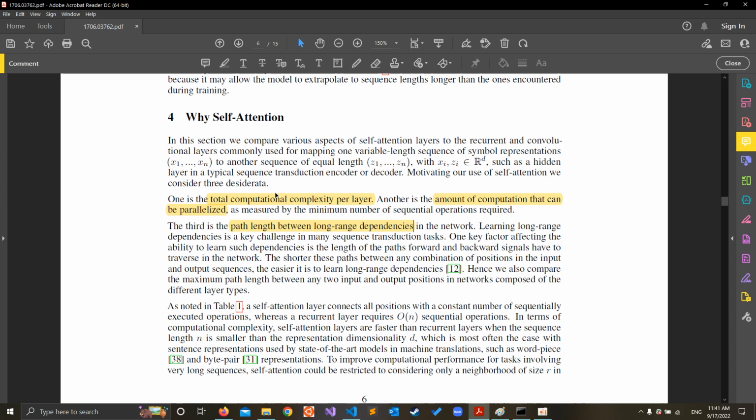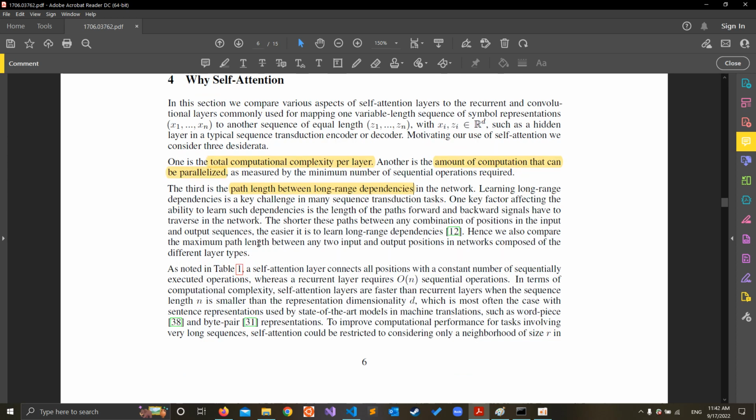One key factor affecting the ability to learn such dependencies is the length of the path forward and backward signals have to traverse in the network. The shorter these paths between any combination of positions in the input and output sequences, the easier it is to learn long-range dependencies. Hence, we also compare the maximum path length between any two input and output positions in networks composed of the different layer types. So it's not something that much important.